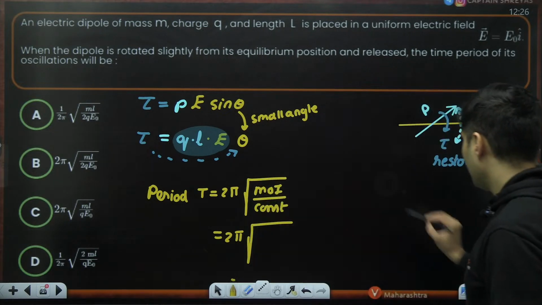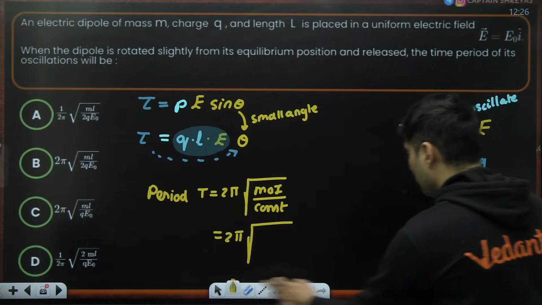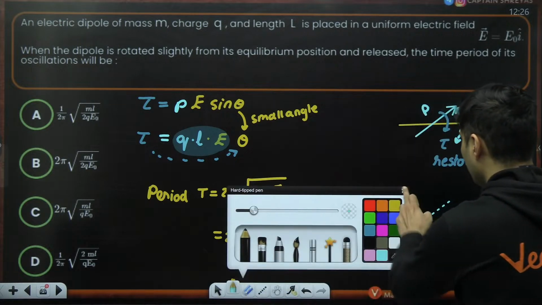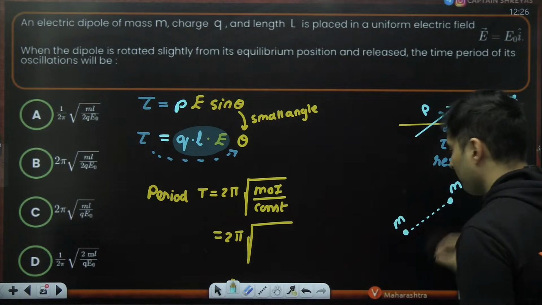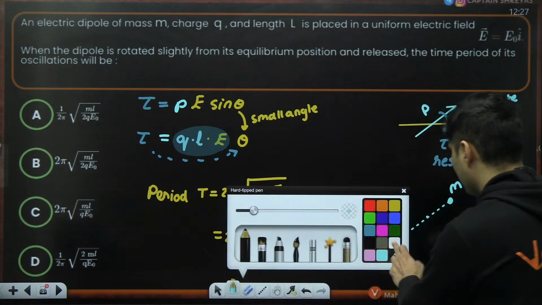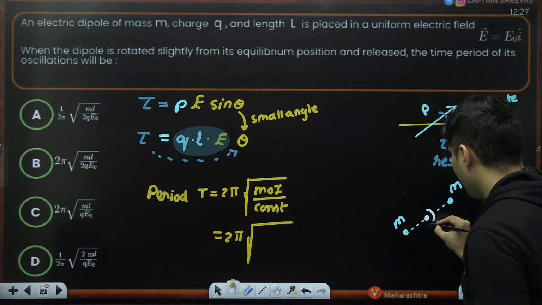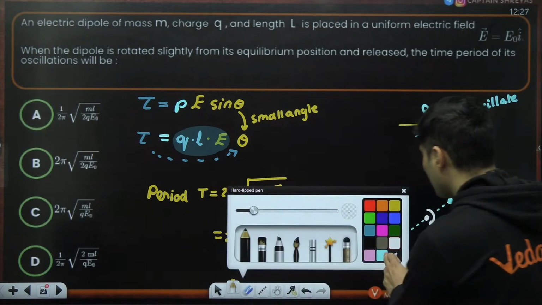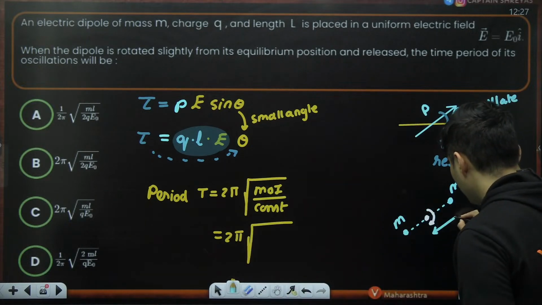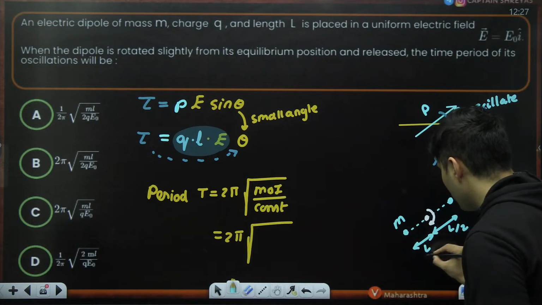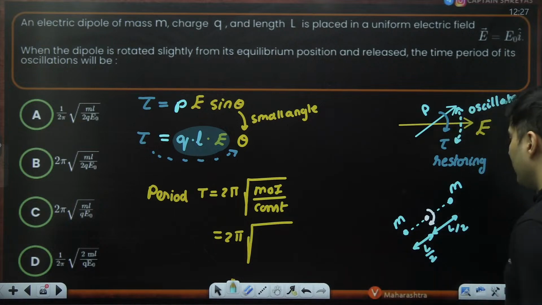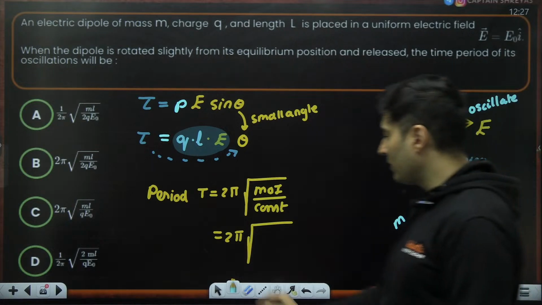So if this is our dipole, guys, and these are the masses, this is M, this is M, this is your axis about which it will rotate like that. Each of these distances will be L by 2, because the total length of the rod was L. So what will be the moment of inertia?